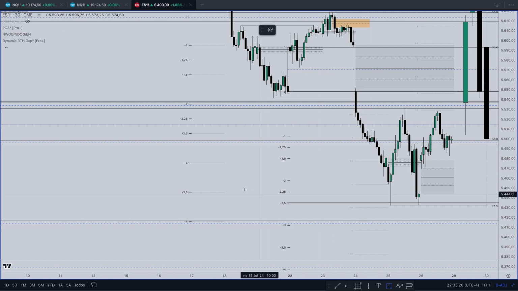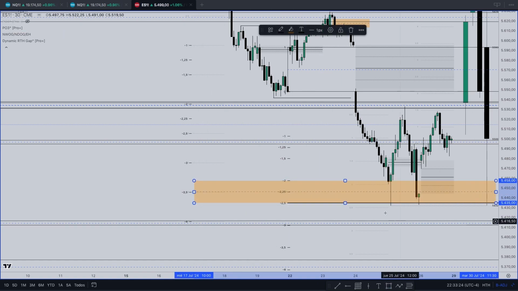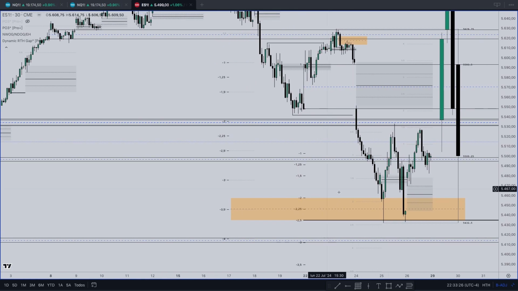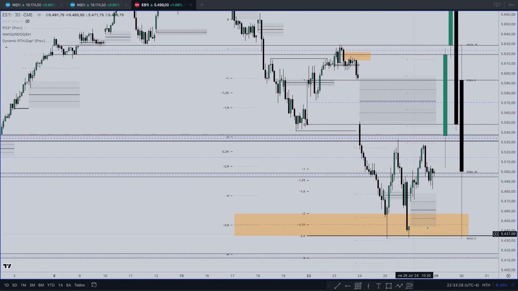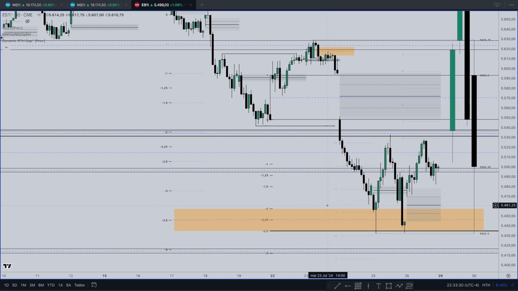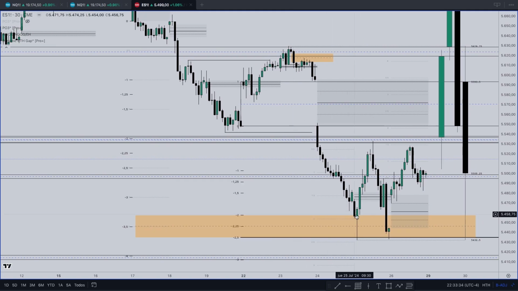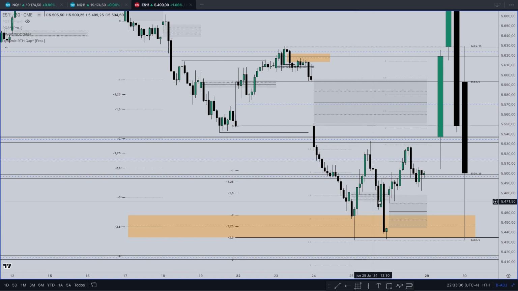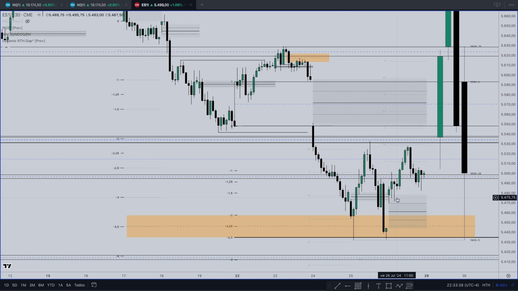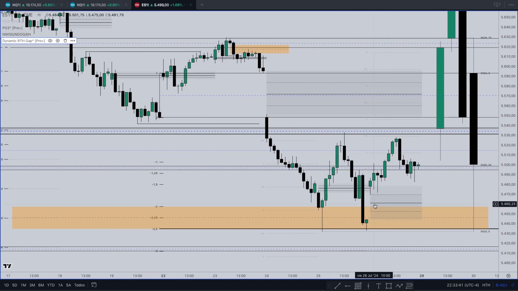So around this range, we should expect a reaction, and look what the price did on these price levels. Just beautiful.